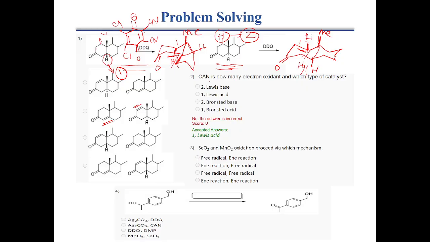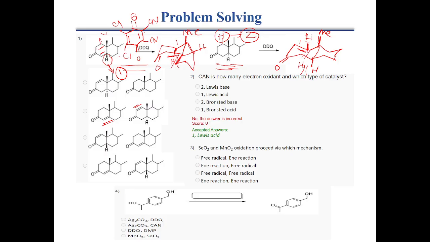The second question, I think this is clear. First we write the structure of the cyclohexane in the chair form, and then see the steric hindrance that affects the DDQ oxidation. Under DDQ oxidation, an alpha-beta unsaturated ketone is formed, as we all know. There are two possibilities: this side or this side.